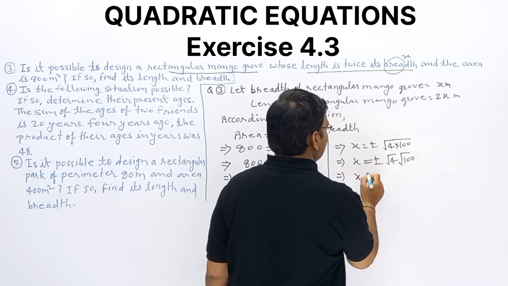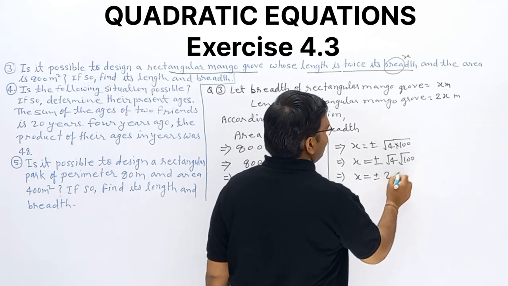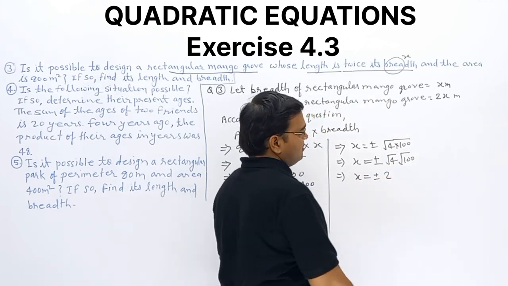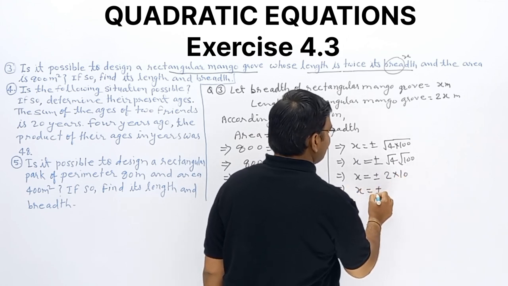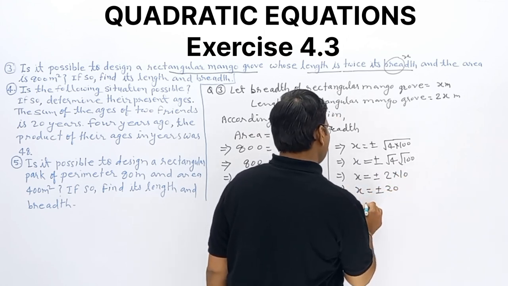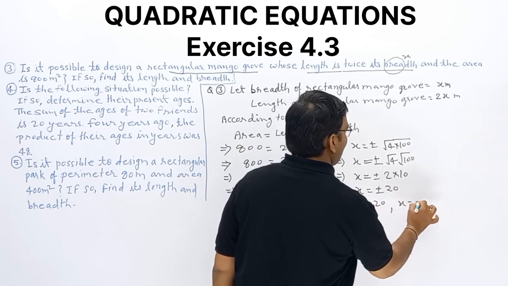The square root of 4 is 2 and the square root of 100 is 10. So x equals plus minus 20, that is, x equals 20 and x equals minus 20.